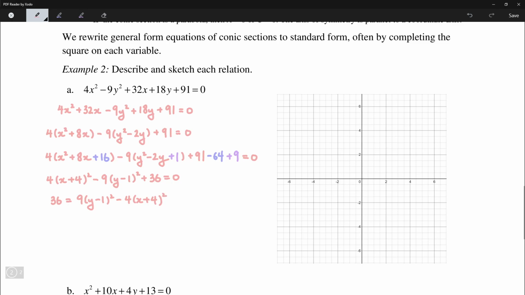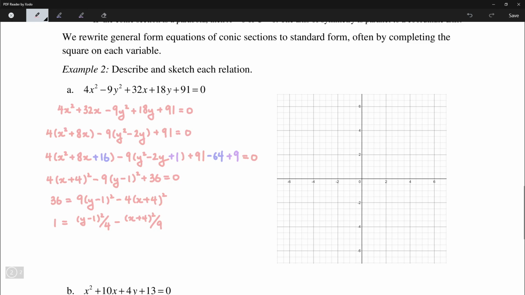Okay, now we can simply divide both sides by 36. So 1 is equal to (y minus 1) squared over 4 minus (x plus 4) squared all over 9.